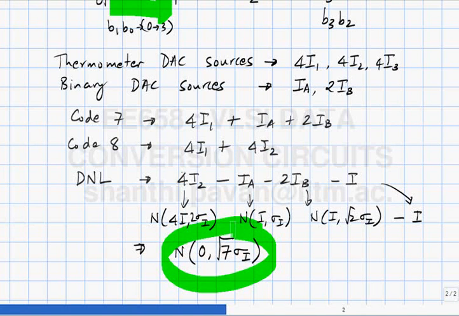If you reduce the area by a factor of 2, mismatch goes up by a factor of root 2, because please note that mismatch is proportional to 1 over square root area, right? So this basically means that the size of the current sources can now be half.